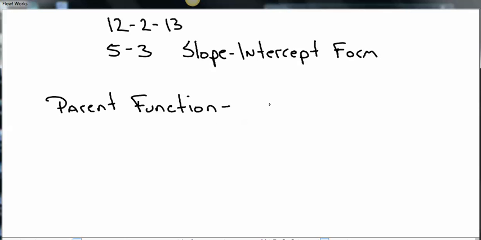All right, parent function. They're calling it the simplest function. Linear parent function.